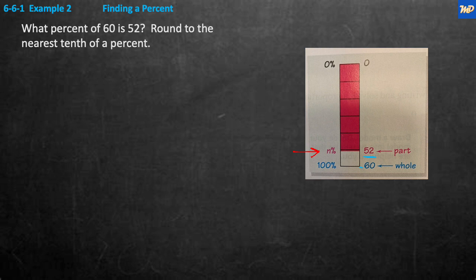So we're going to write the same type of equation. Only this time, n's going to go with 100. So we're going to say n divided by 100 is equal to 52 over 60. So we kept the whole piece numbers on the right-hand side and the percentage pieces on the left-hand side.